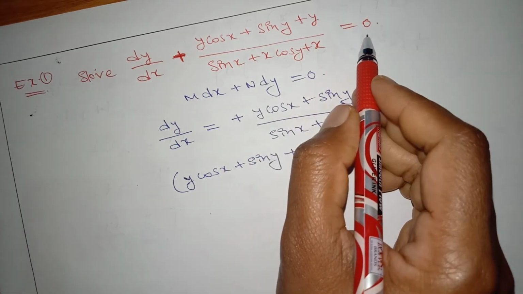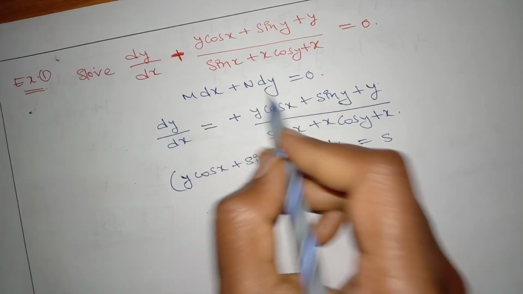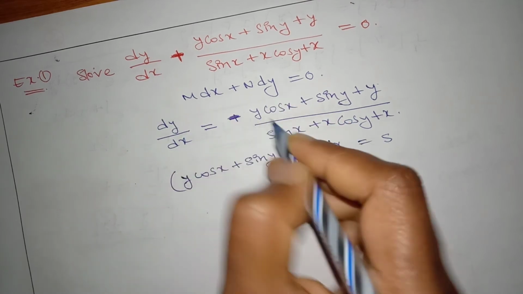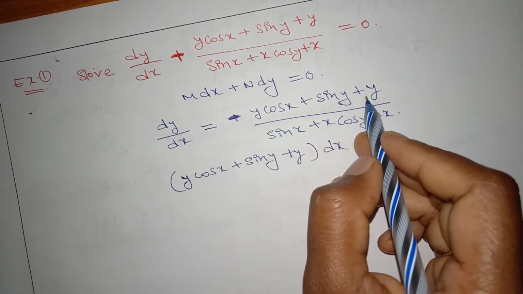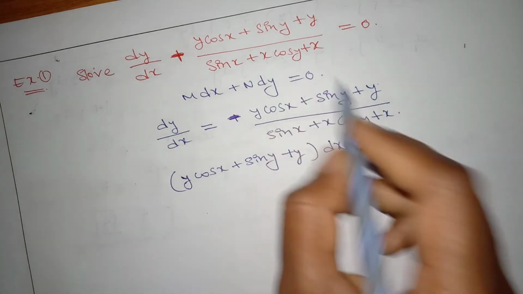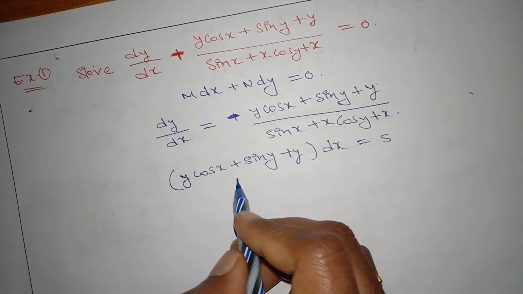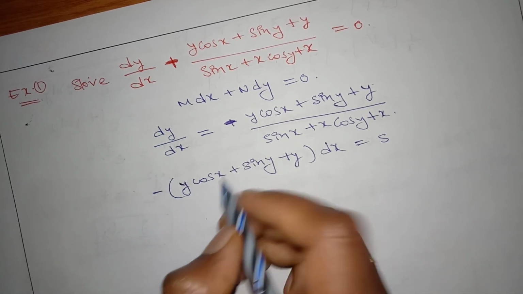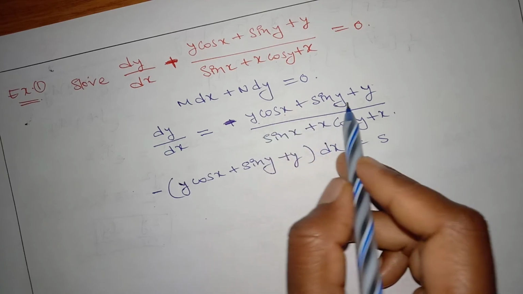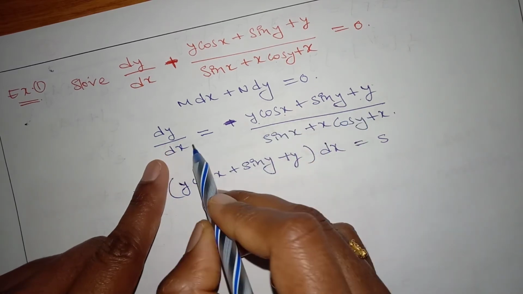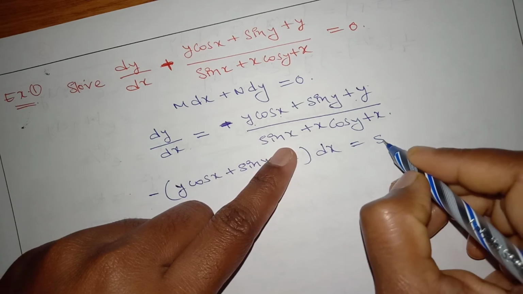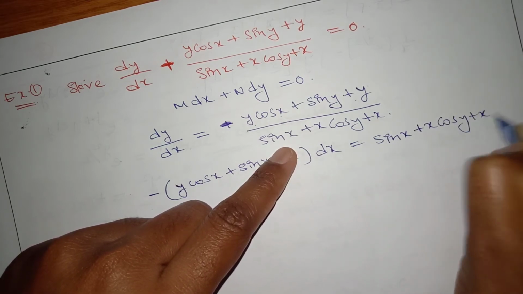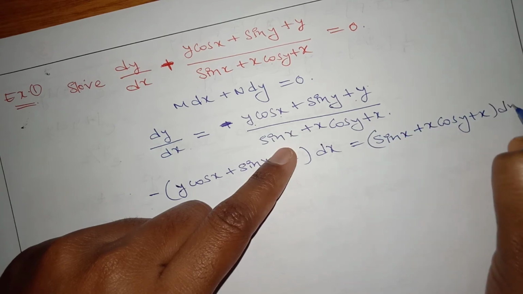Cross multiplication gives minus (y cos x plus sin y plus y) dx equals (sin x plus x cos y plus x) dy.